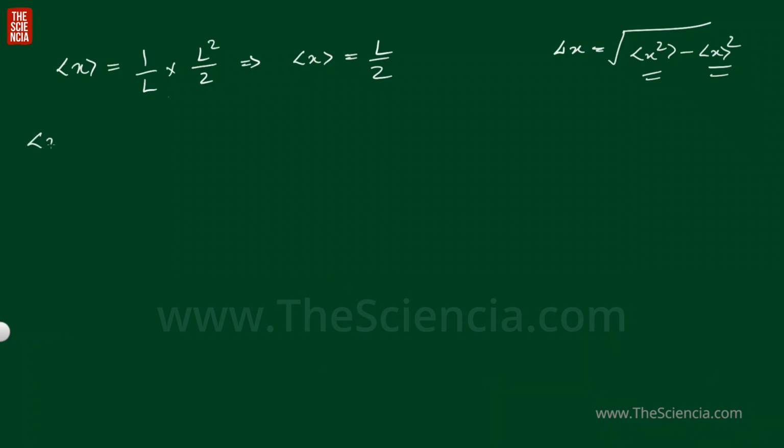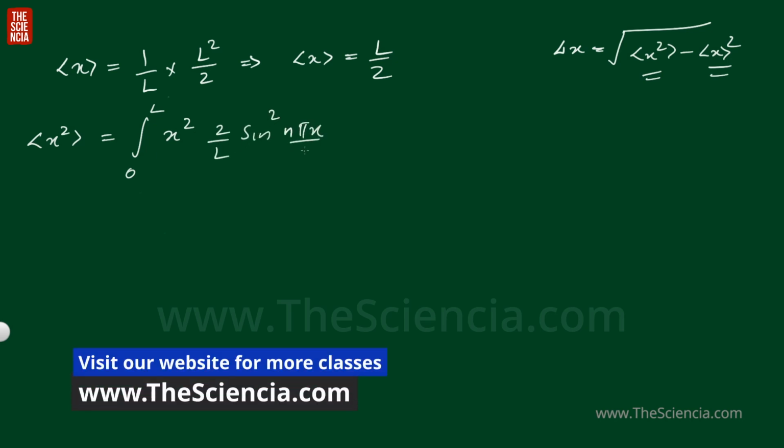Now we have to find out expectation value of x square, that is equal to integral 0 to L x square into psi star psi, that is 2 by L sine square n pi x by L dx.